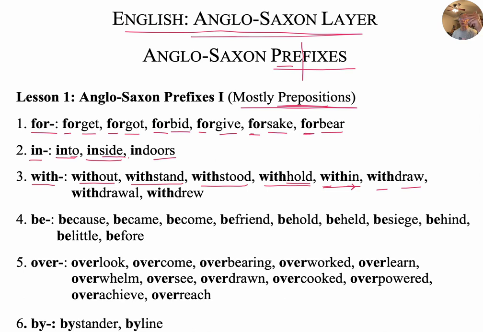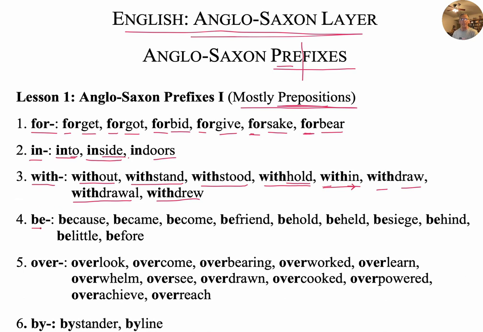It means to withdraw. You withdraw the money. And the next one is withdrawal. So that's what you call what you do when you withdraw the money. It's called a withdrawal. And finally, withdrew is the past tense of withdraw over there. And I don't want that to stay there, so we'll tell it to go away.